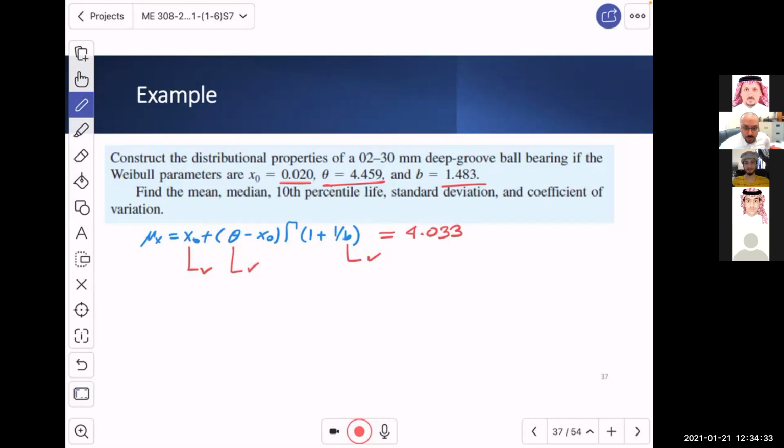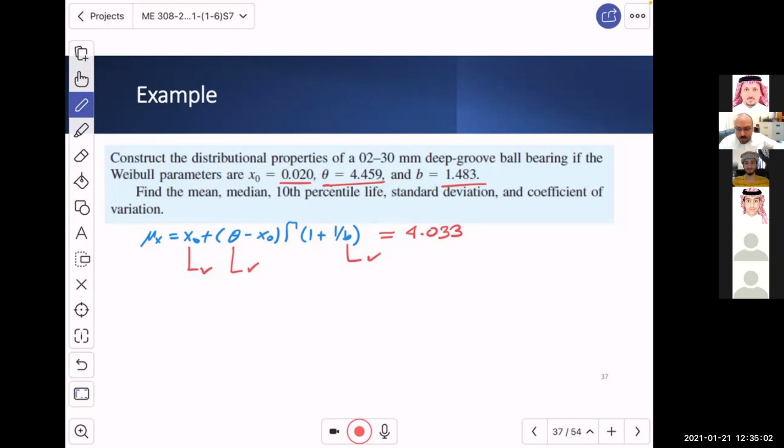Your boss asked you, okay, what does that mean? That means, Doctor, the expected life for those bearings will be 4.033. You almost touched the answer.